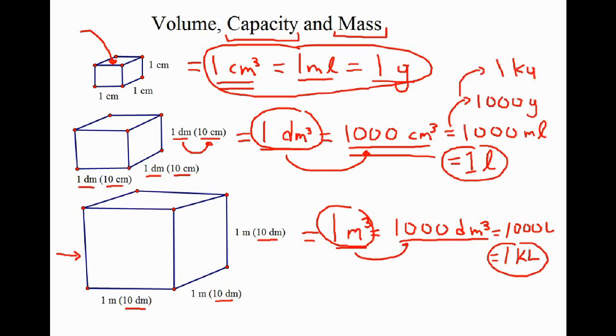So if I have 1 decimeter cubed of water, I have 1 kilogram of water. Going to meters cubed, if I have 1,000 decimeters cubed, I have 1,000 kilograms. 1,000 kilograms in the metric system has a special name. It's called 1 metric ton. So 1,000 kilograms is the same as 1 ton.